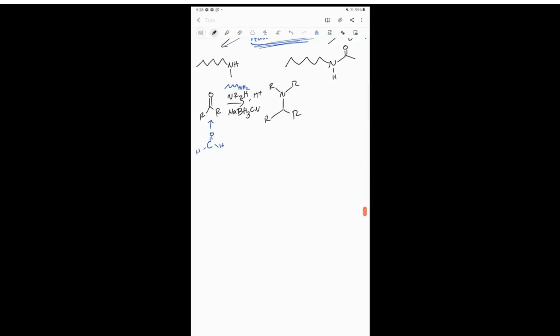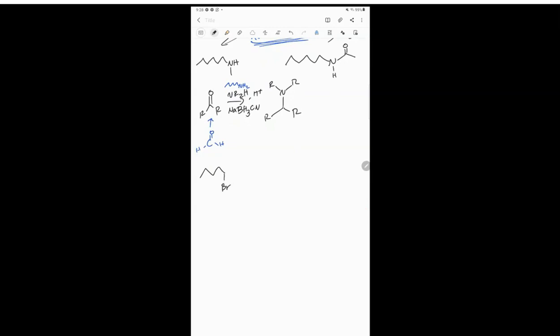So we have this. We went ahead and put our KCN in, and we used the solvent. What do we use? DMF? Doesn't matter. So we now have our cyano product. We went ahead and reduced it.